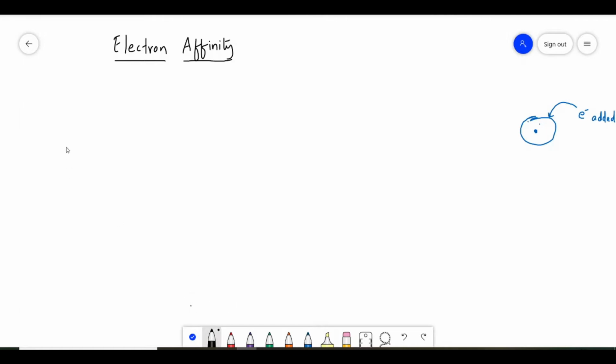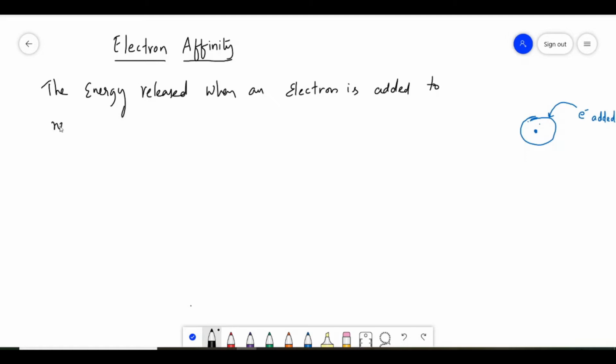So, electron affinity, in a simple way, we can write the statement like this: the energy released when an electron is added to a neutral isolated gaseous atom.